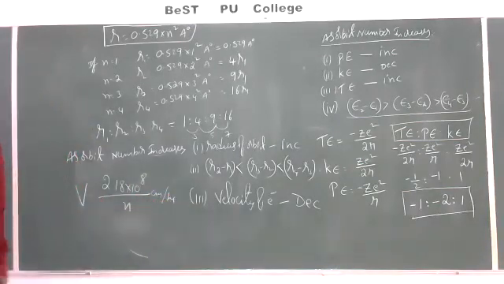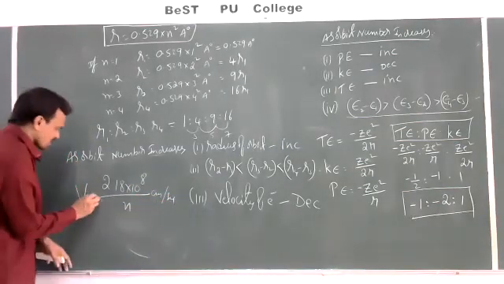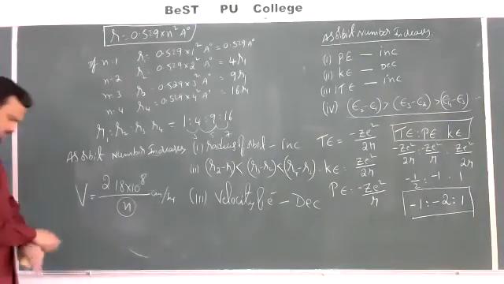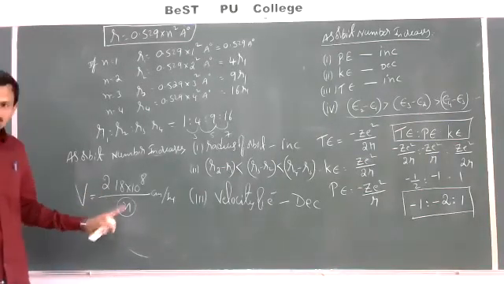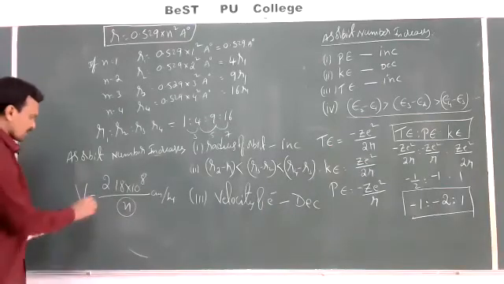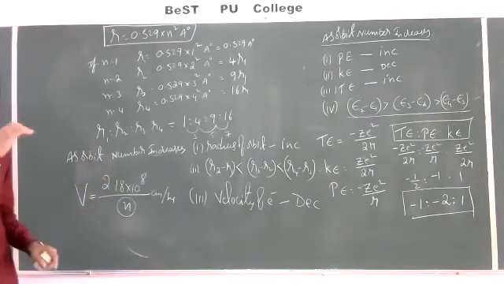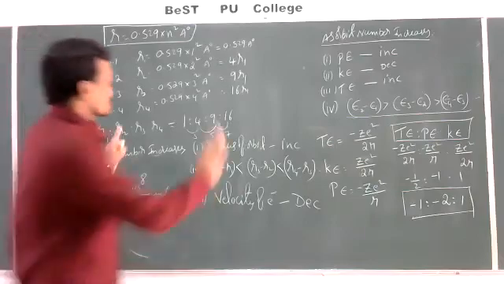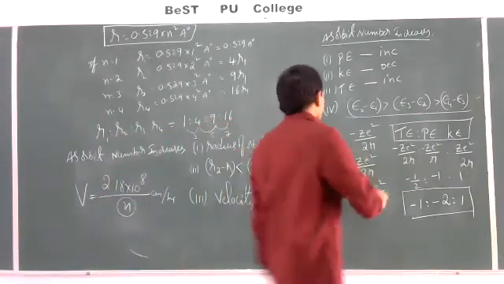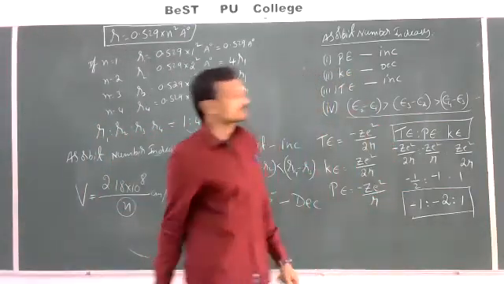This is the velocity formula. Here, as the orbit number increases, that is, as the value of n increases, the velocity of the electron decreases. See, all this they ask in objective examinations, not in PUC.